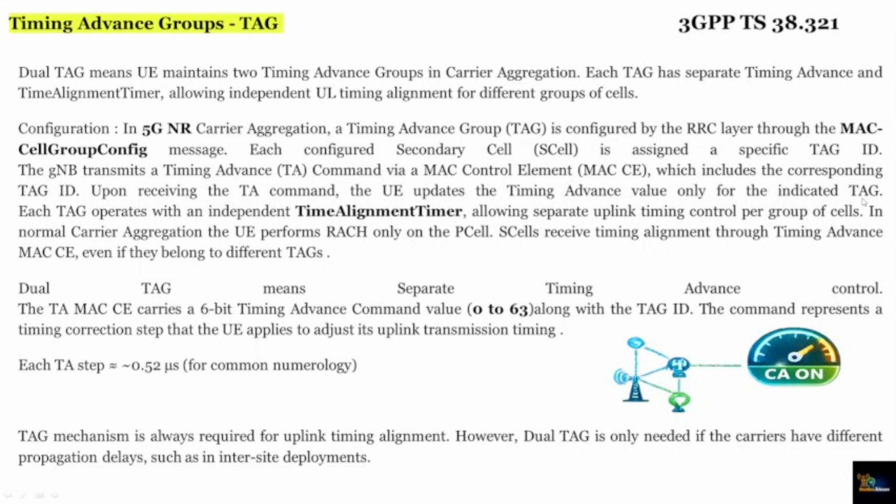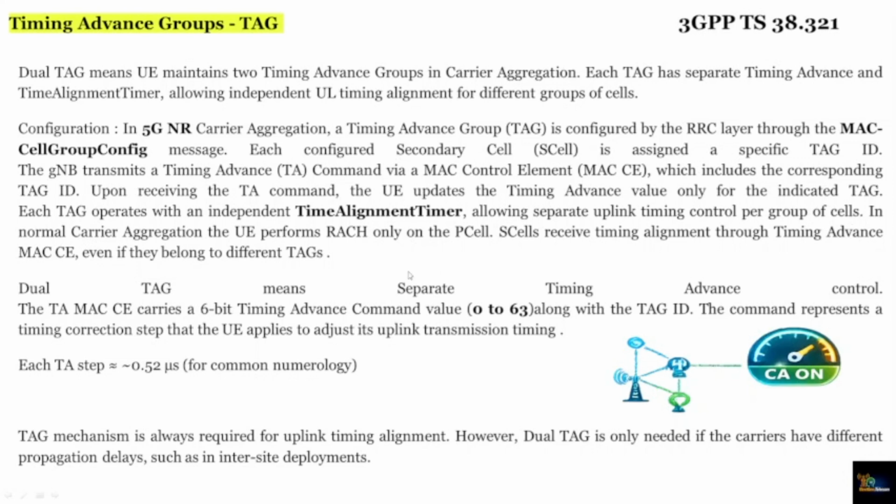Suppose one TAG ID is 0, so the gNodeB MAC will assign according to the TAG value. Each TAG operates with an independent time alignment timer, allowing separate uplink timing control per group of cells.